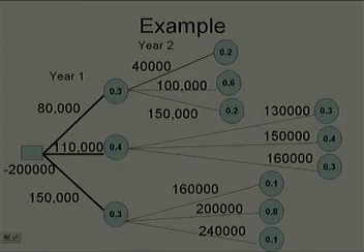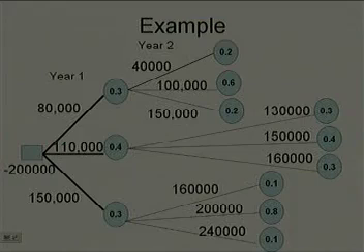What you find here is that the return at the end of year 2 is dependent on the return of year 1. So, you can see very clearly in this decision tree diagram, from the first node at the top, you have got 3 more nodes emerging.